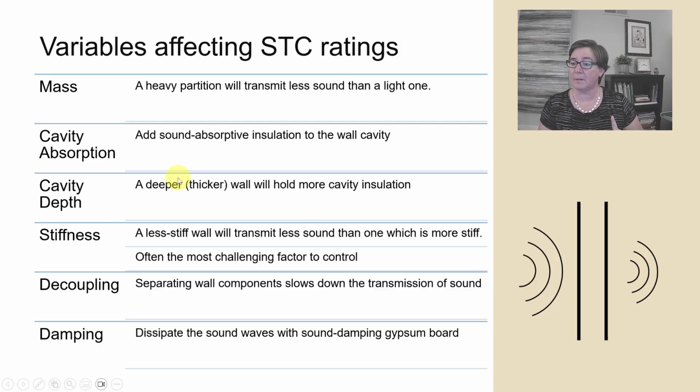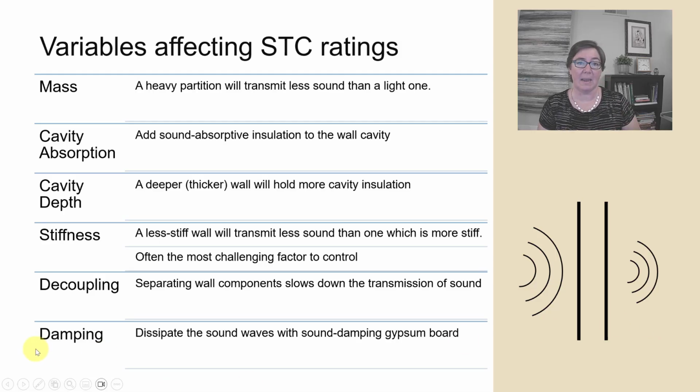Looking at our diagram again, if we've got noise happening on this side, that movement of particles is going to vibrate this surface of the wall. If we can decouple these two surfaces so that they don't vibrate together, so that one vibrates and the other is able to remain still, then we will get less noise transmission. It's called decoupling.